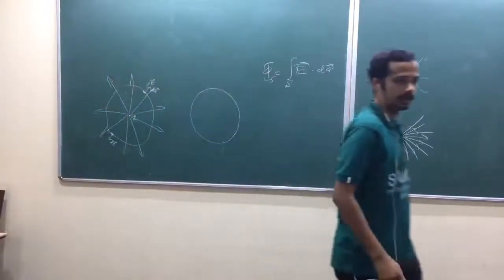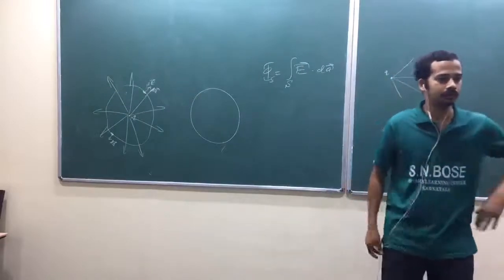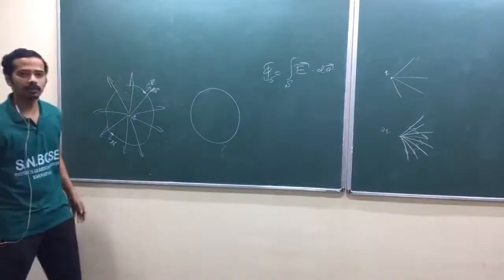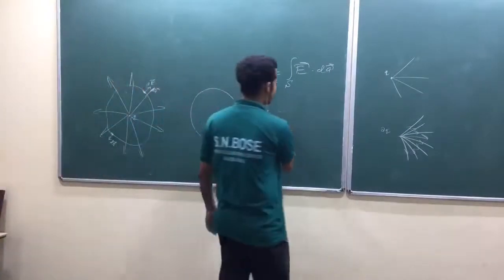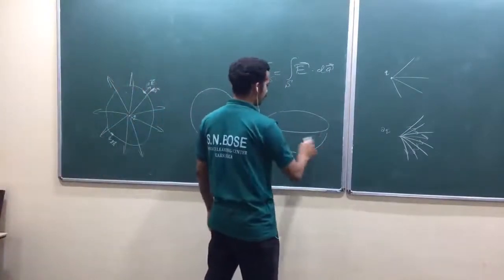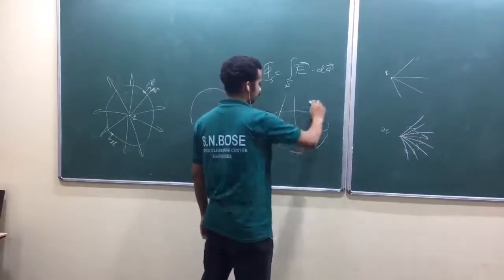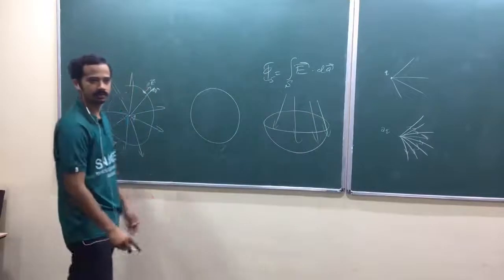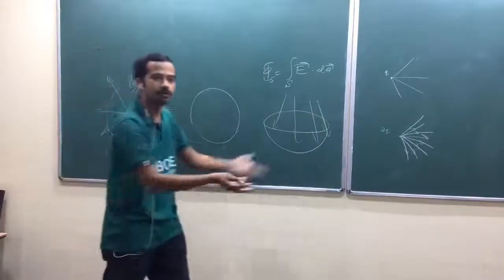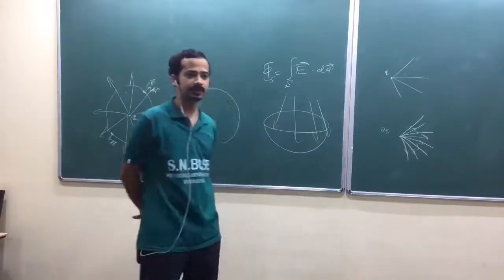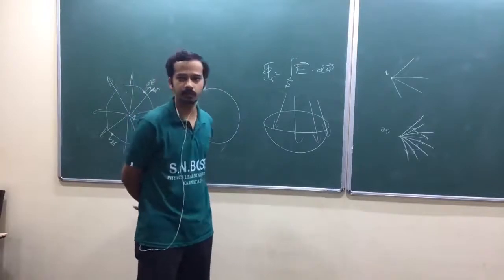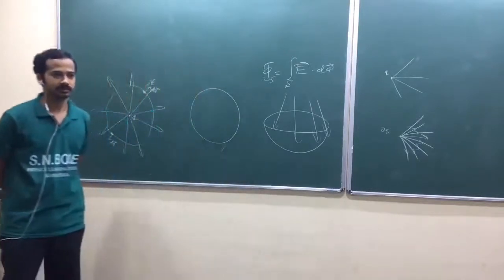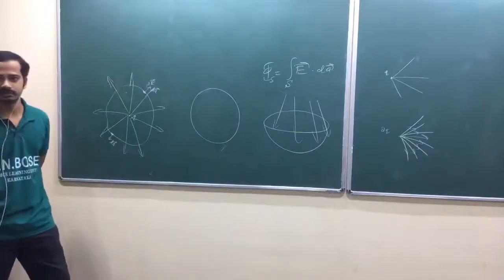When you talk about outward flux, wait a second. It is only for a closed surface. For an open surface, outward flux is meaningless. Am I right? Suppose I have some electric field lines here. For an open surface, outward flux doesn't have any meaning, because an open surface will not define any region. So which is outward, which is inward?